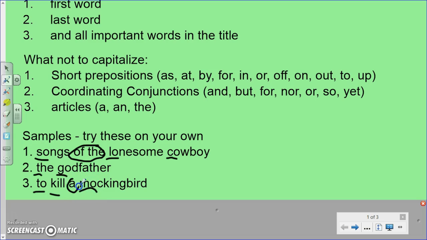Remember that the a is left out because it fits into the articles, but the to, even though it's a short preposition that we see up here, because it is the first word of a title, it must be capitalized. Okay?